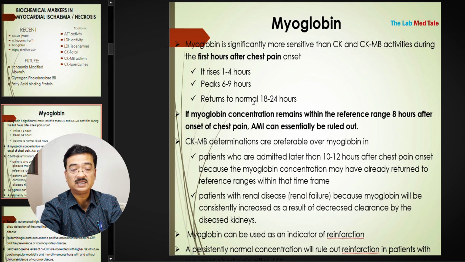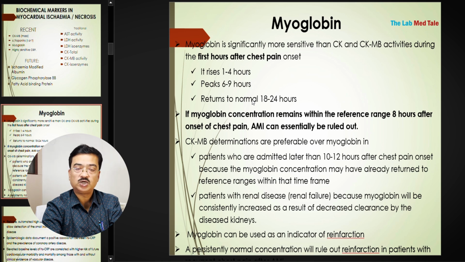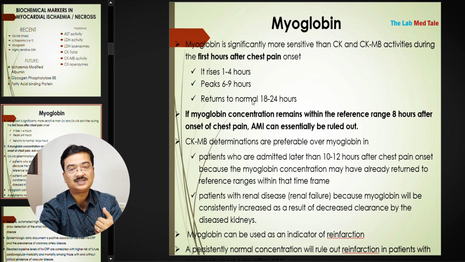The negative rule-out factor of myoglobin is that if the concentration remains within the reference range even 8 hours after the onset of chest pain, you can be sure that the chest pain is not MI, because if there is an infarction, myoglobin has to rise within 1 or 2 hours.